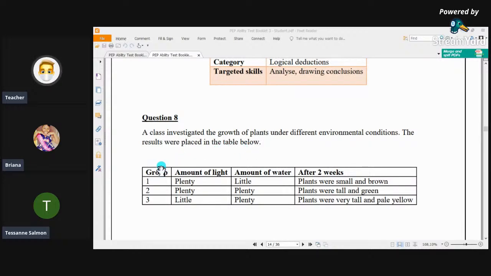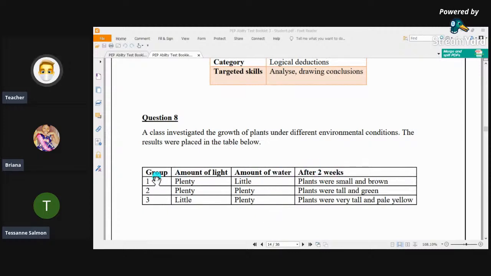Remember, a table has columns that go vertically and rows that go horizontally. We have one column named group, one named plenty of light, another named amount of water, and another after 2 weeks.